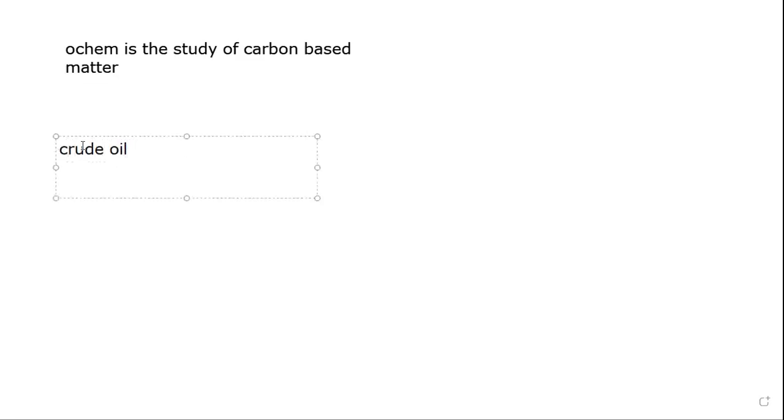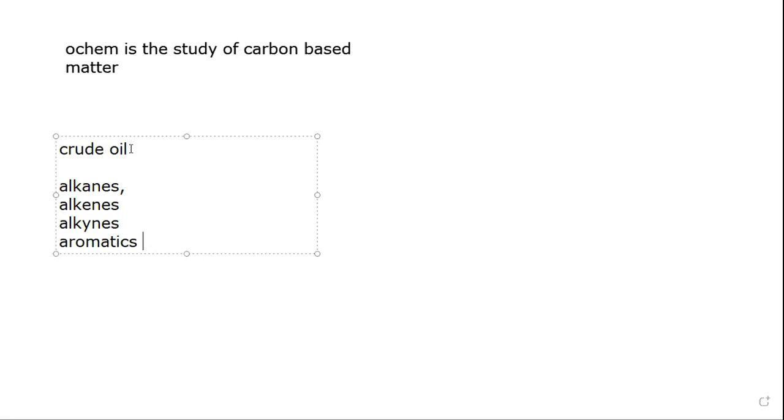It focuses mainly on alkanes and alkenes. It doesn't really focus on alkynes that much, and it doesn't really focus on aromatics that much, right? Aromatic compounds like benzene, it doesn't focus on that heavily.